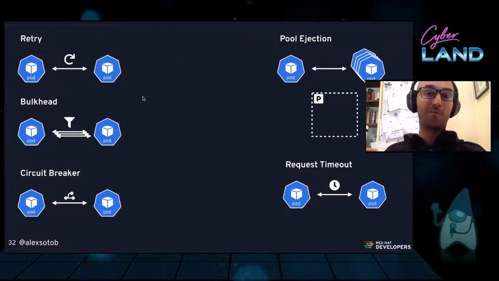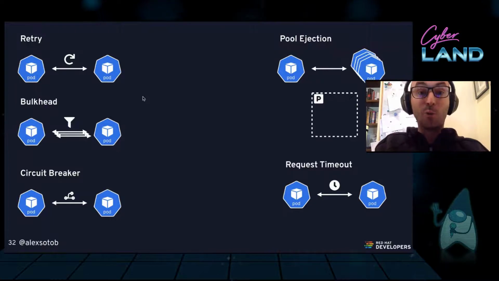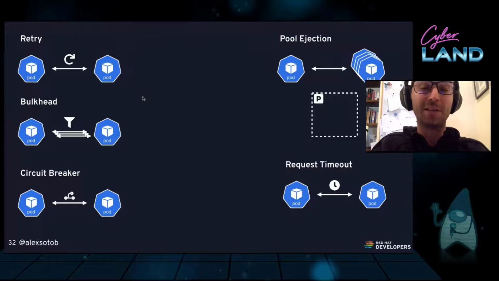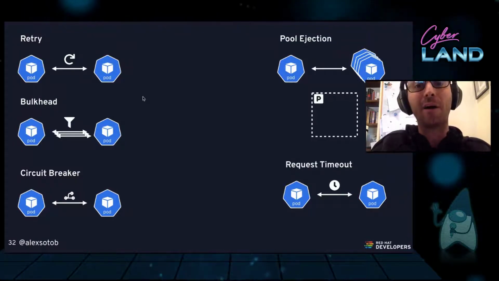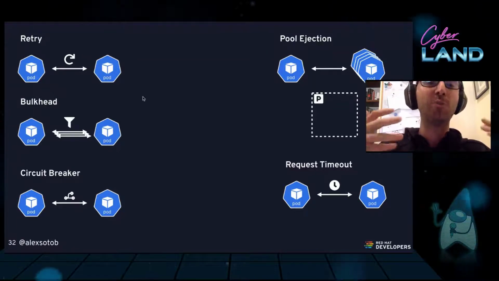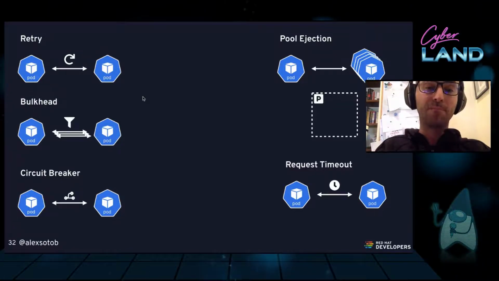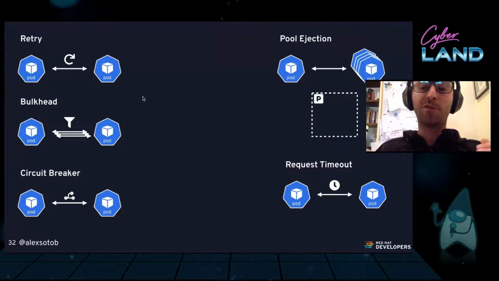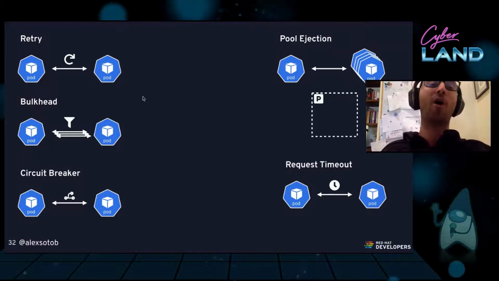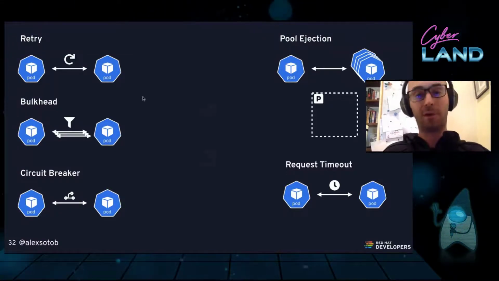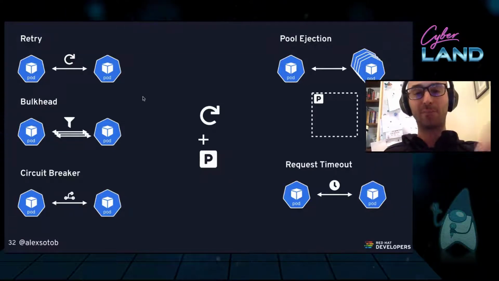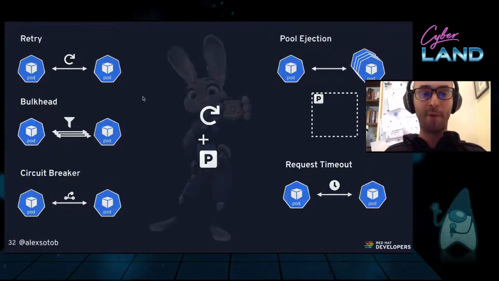So it means that when we do a request, we're going to wait 20 seconds until we get the response, if there's even a response. If not, we're going to get a timeout. So it's really interesting to protect the calls across our service mesh with request timeouts at the infrastructure level and not depend on the developer level. And a good strategy is doing automatic retries plus pool ejection. You'll see in the demo why.